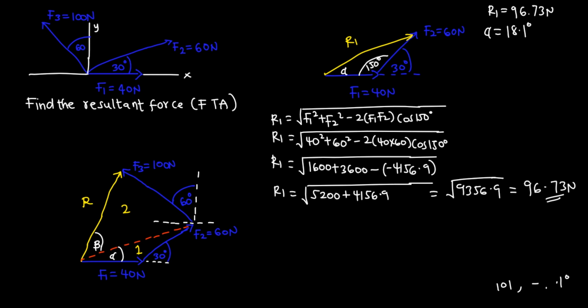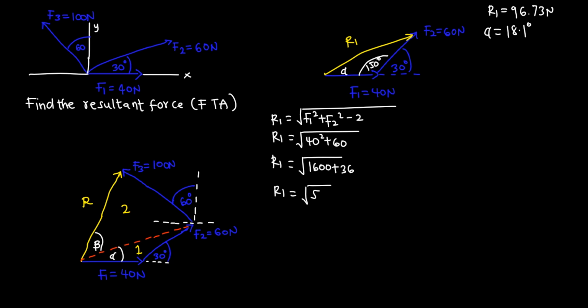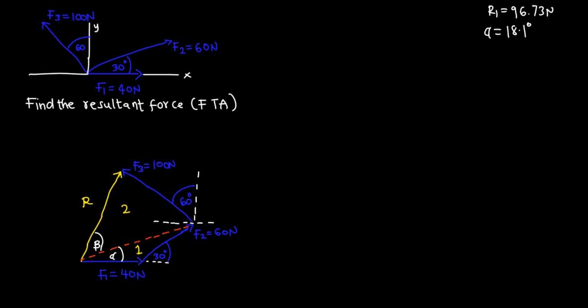So now that we know R1, we can now find the resultant force, which is R. So let's look at how you are going to do that also. Let me draw the second triangle. So I have this to be, let me make this a little bit slanted.